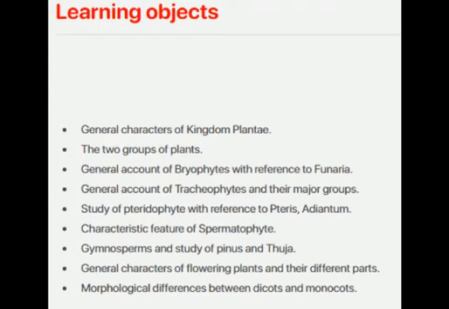Plants make organic substances from inorganic substances during these processes, and all of you know that these plants are multicellular organisms, that is, they are made up of many cells.